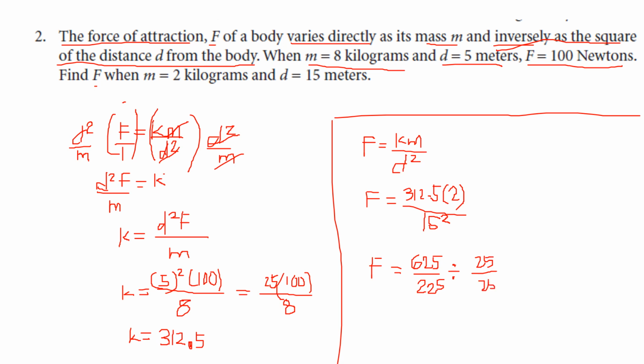That will give the lowest term. So 625 divided by 25 gives us 25. Over 225 divided by 25 gives us 9. And I think 25 over 9 can no longer be reduced.